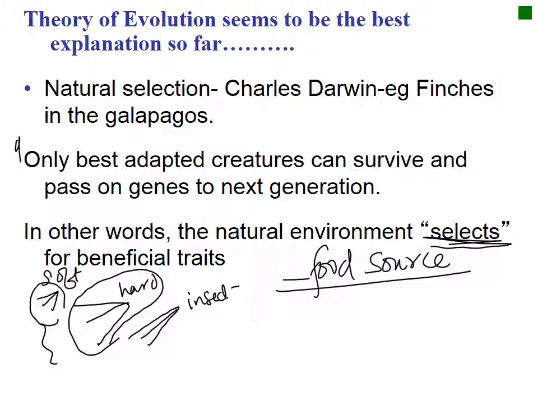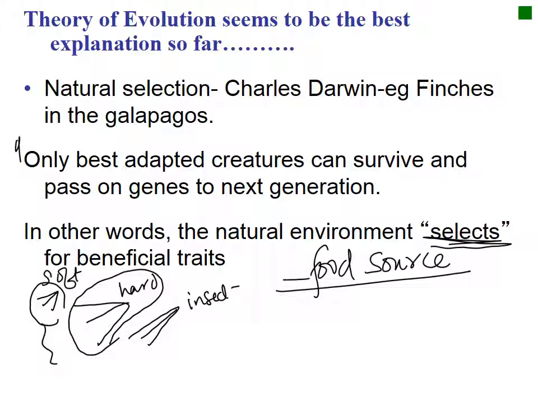Okay, so it started with Charles Darwin, the explorer, and he went to observe some finches on the island of Galapagos. Okay, and he noticed a lot of things about them. He saw finches having small, thin beaks, and then he saw finches having broad huge beaks.